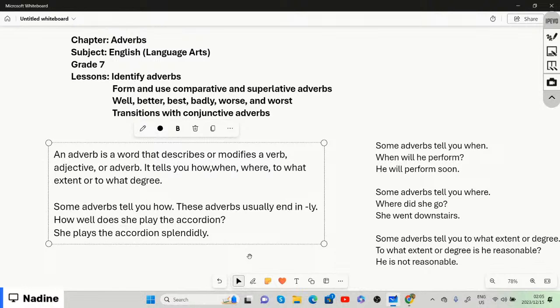And it tells you how, when, where, and to what extent or to what degree. So an adverb is a word that describes or modifies a verb, adjective, or adverb, and it tells you how, when, where, to what extent, or to what degree.